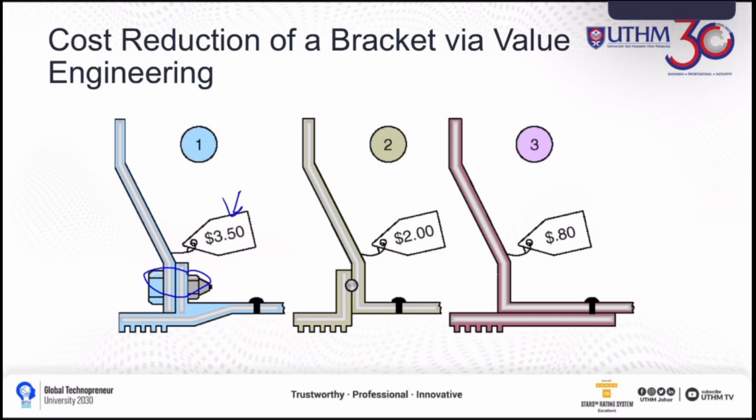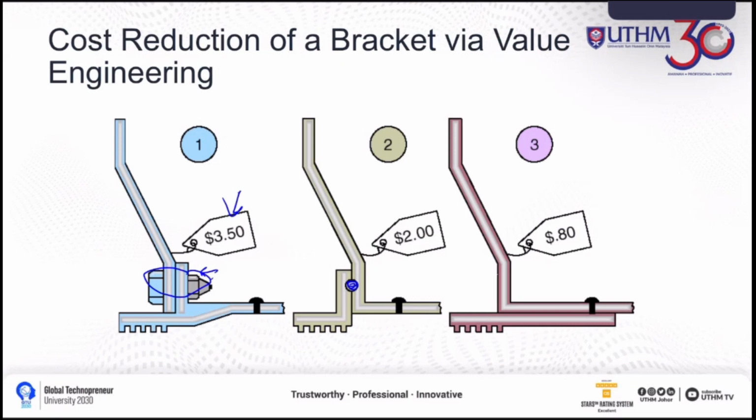But along the way, let's say during the trial of the product, you see there is room for improvement of your components. Instead of using multiple screws here, we just use a single screw like that.